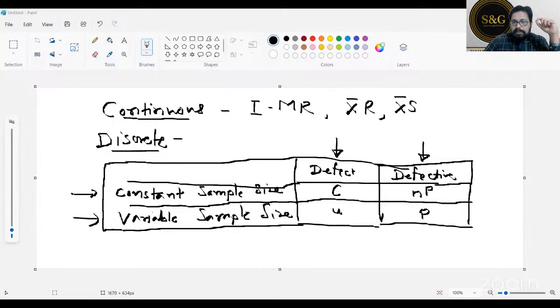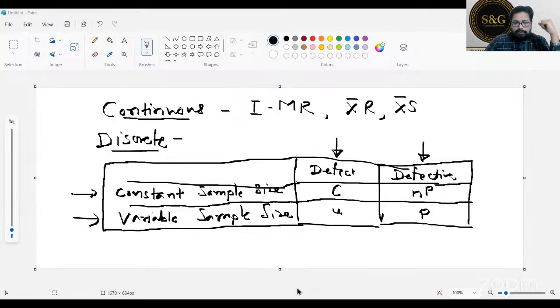So I'm sharing one file with you. Just download this file, which is there in the chat right now. I'm quickly sharing it once again. Clear, everybody?